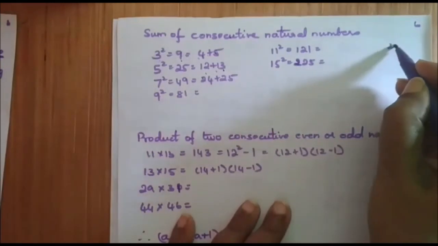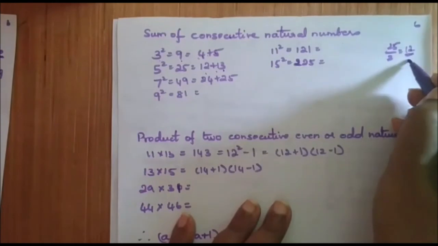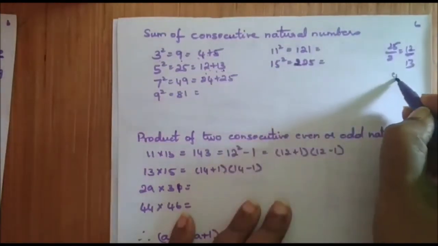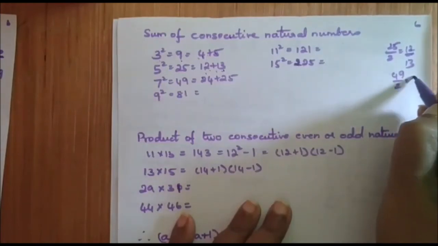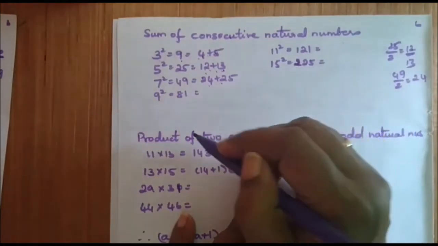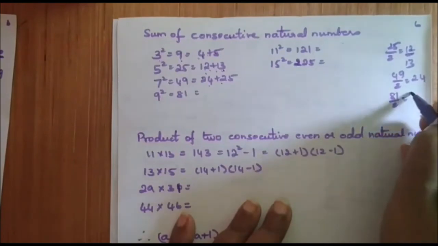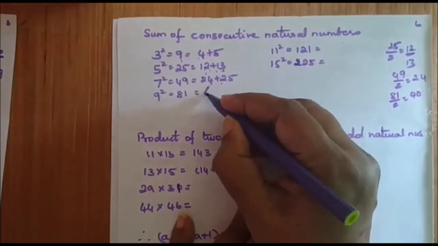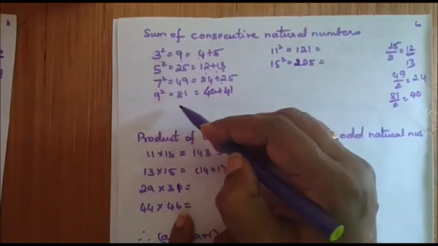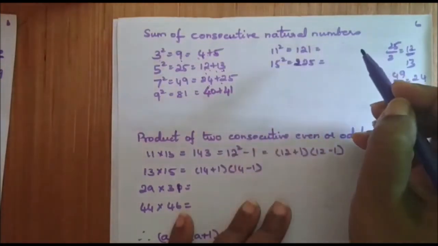How do we do it? 25 divided by 2 is 12, and the next number to 12 is 13. Similarly for 49, 49 divided by 2 is 24, so I have 24 plus 25. Similarly for 81, 81 divided by 2 is 40, so it is 40 plus 41. So you can express the square numbers as a sum of consecutive natural numbers.